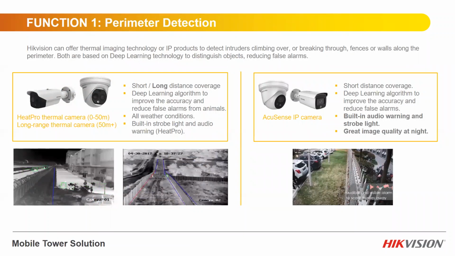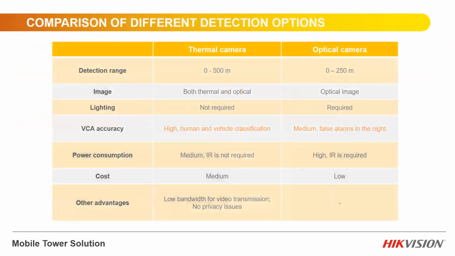Both options feature deep learning for object classification, strobe lighting, and audio warnings. Here we can see a brief comparison of the two options. The main differences here being the detection ranges available and the lighting requirements.